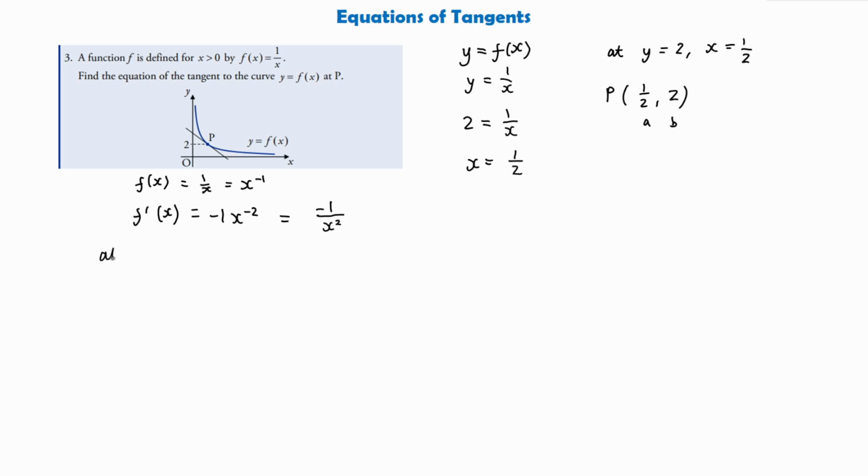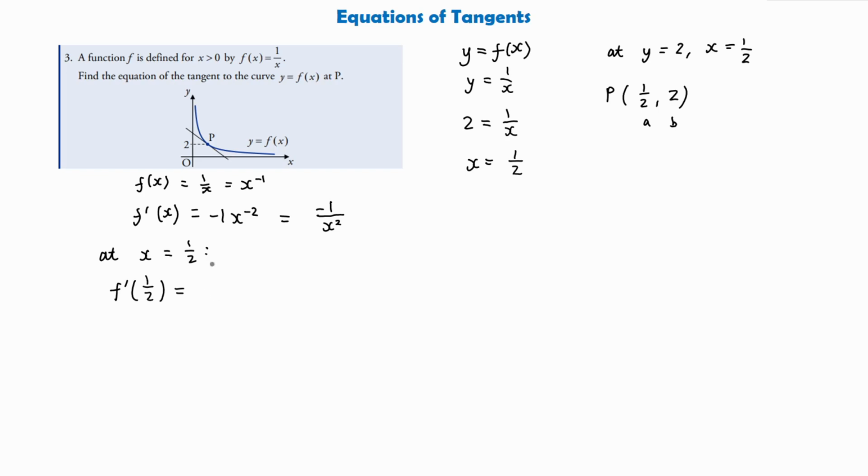And now we can say at x equals 1/2, we would say that f dash of 1/2, so this is the point at x equals 1/2, we're working out the gradient, which we said is the derivative at the point x equals a.